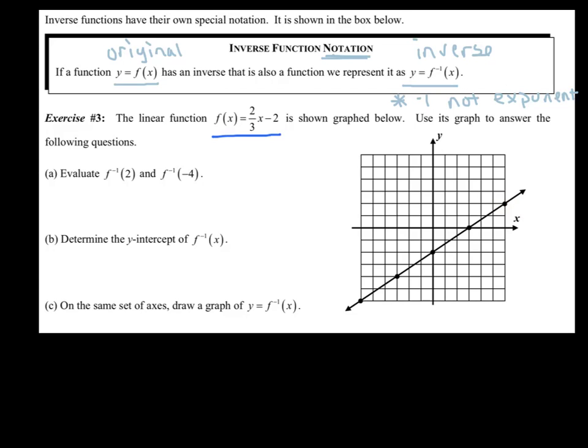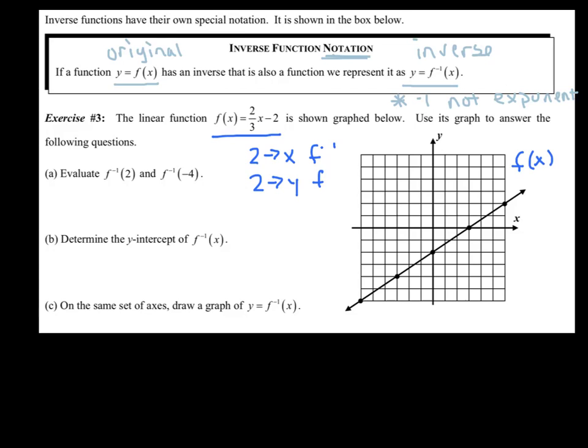What is f inverse of 2? Well, it's a little tricky here, but I said to myself, if the 2 is an x value for f inverse, then that means 2 is going to be a y value for f, and this picture is of f, remember.